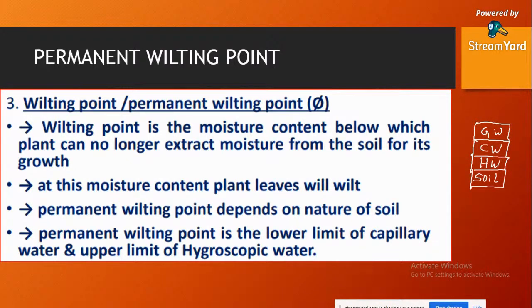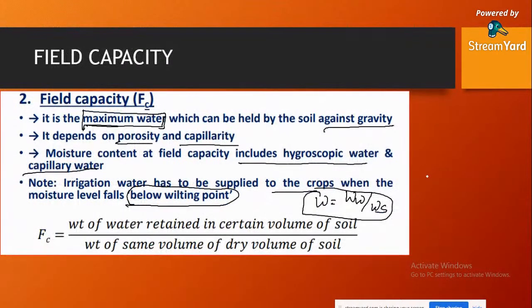This lower limit is called permanent wilting point, this top limit is called field capacity, and this is called saturation capacity.